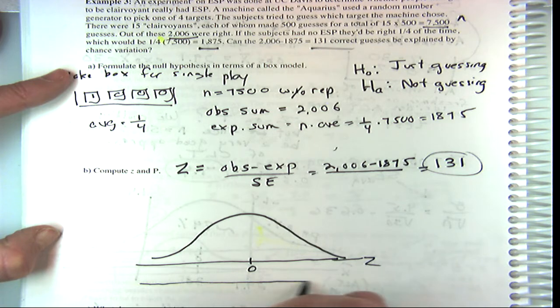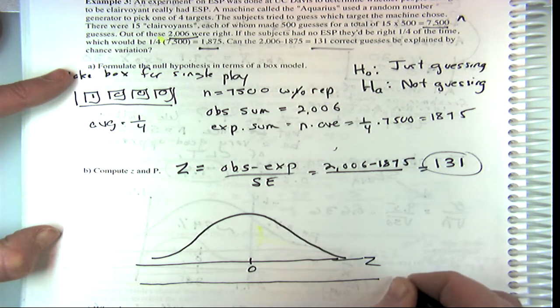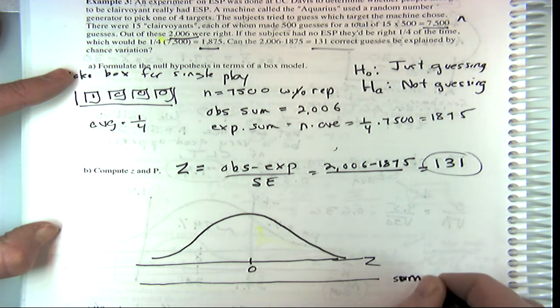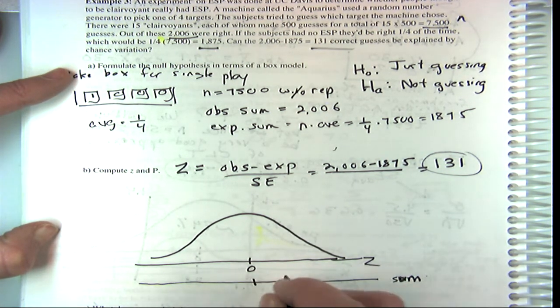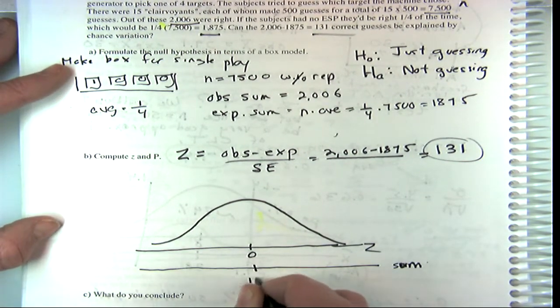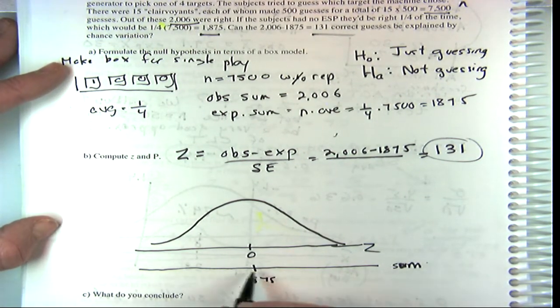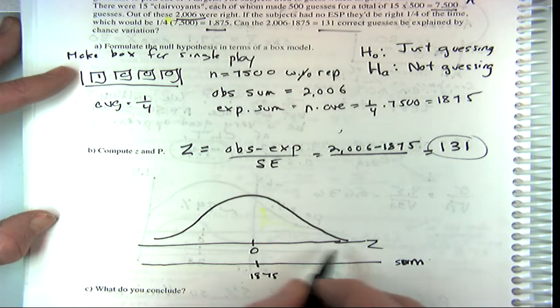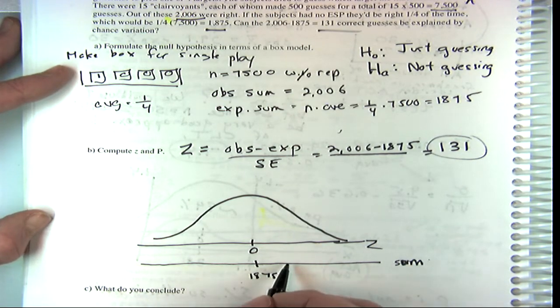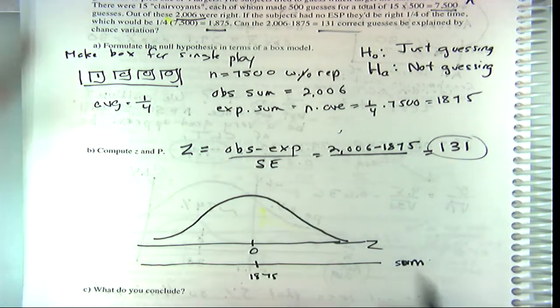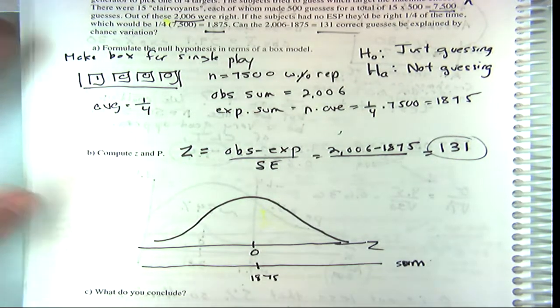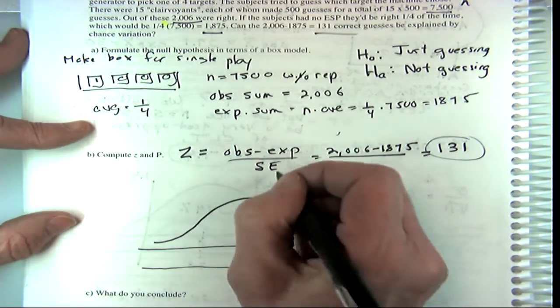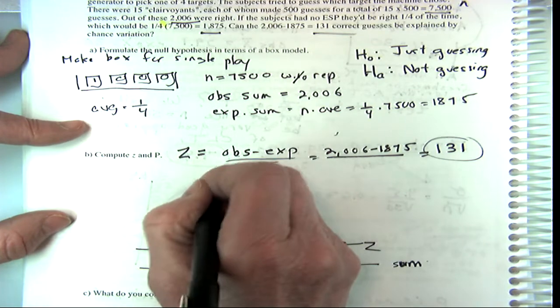But in terms of the sample sums, we'd expect right in the middle to have 1875. And where do we put these 131 extra? Is it really crazy, or is it right? It's only 131 out of 1875. Where do you think it's going to be? Well, since these are sums, we're just going to compute that.